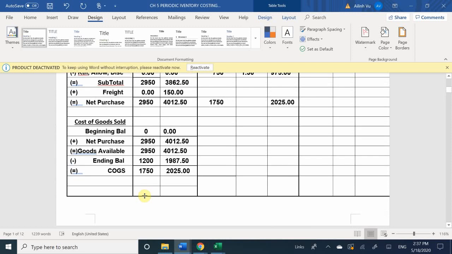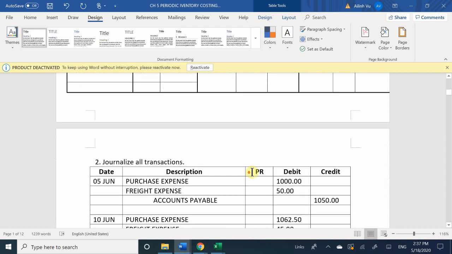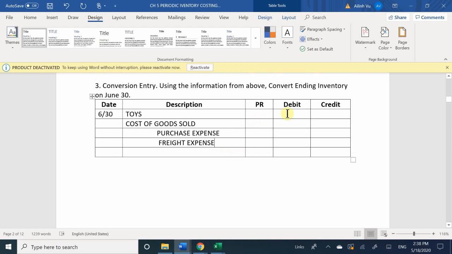So what is our ending inventory? 1987.50. Mm-hmm. And then what is our cost of goods sold? 2025. Yes. So let's go back to here. We're going to journalize the toys as 1987.50.